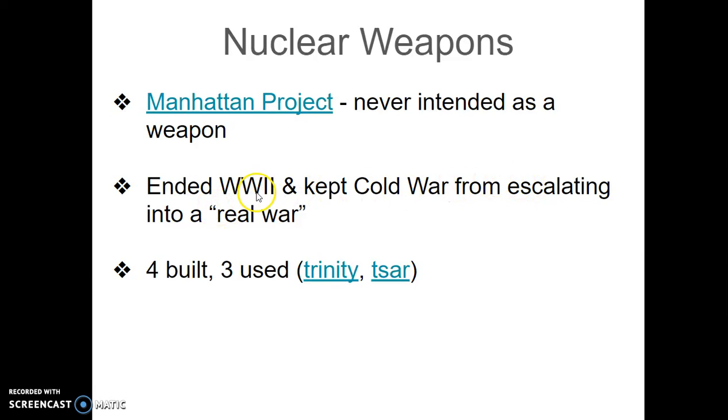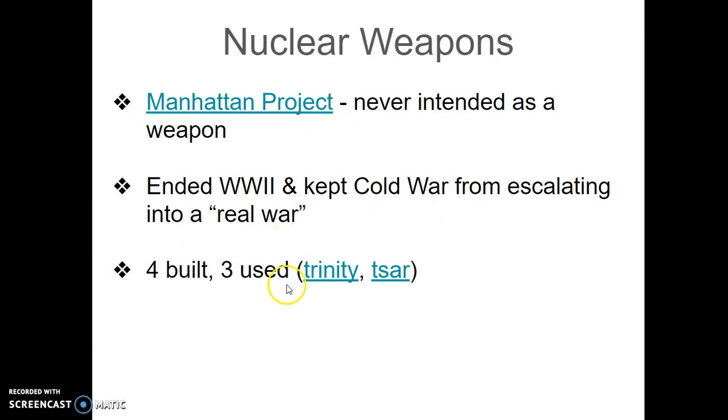We did use it to end World War II in Japan, and it kept the Cold War from escalating into a real war. During the Cold War with Russia, everybody had nuclear warheads aimed at different parts all over the United States and all over Russia, but nothing was ever launched.